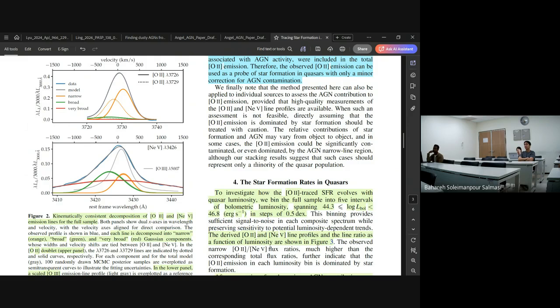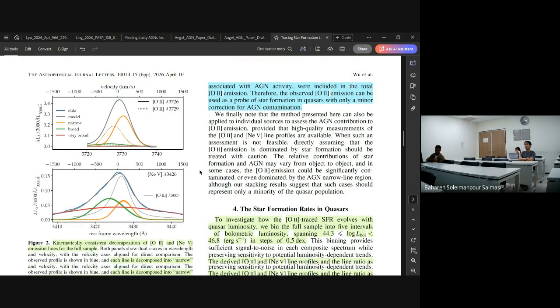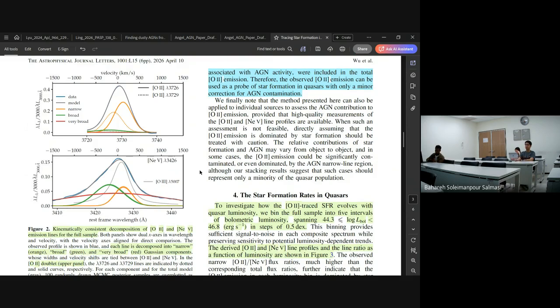That allows us to pinpoint how much of a line is being contributed by the AGN and how much by star formation, and so they can get a more accurate result on what the line is telling us.